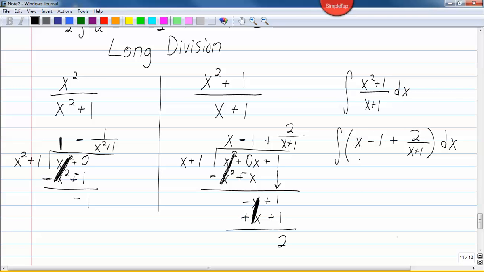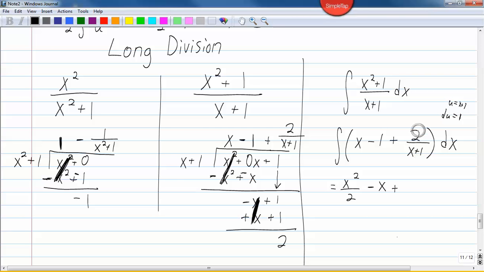Alright, I noticed that this first term, the integral of x, is x squared over 2. The integral of negative 1 is just minus x, plus the integral of this last term. Now when you see that, you need to think natural log, right? Because if I let u be x plus 1, then du equals 1 dx.